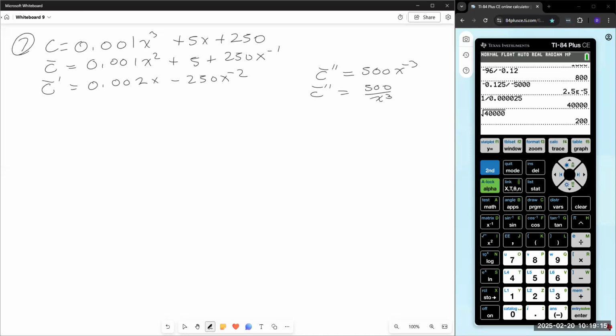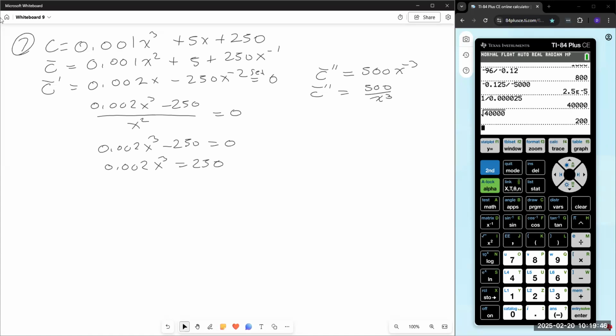Now when I set this equal to 0, I'm going to multiply by x squared over x squared, and I get 0.002x to the third minus 250 over x squared is equal to 0, making 0.002x to the third minus 250 equal to 0. 0.002x to the third is equal to 250. 250 divided by 0.002 is 125,000, and then take the cube root, or raise that answer to the 1/3 power.